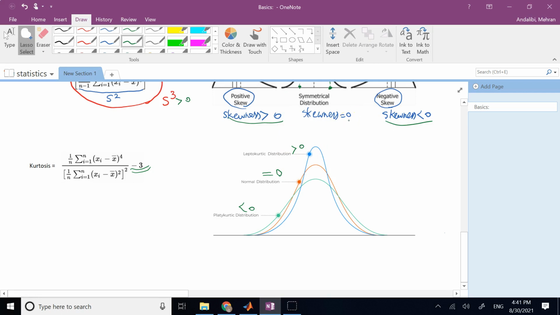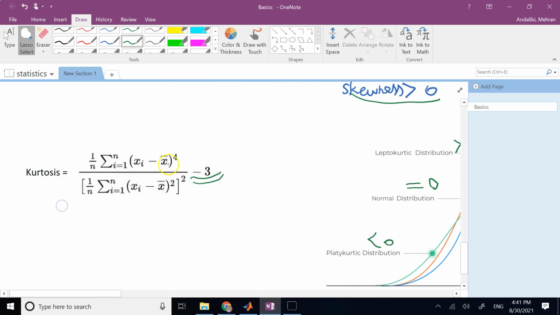Okay, and the way that the kurtosis is measured, it is the fourth central moment, as you can see. And this guy here is clearly the variance. Of course, there is a -1 here that is missing, so it's similar to variance. It's not exactly variance, or it's the variance for the population, not really sample. So this guy in the denominator is approximately s to the 4.